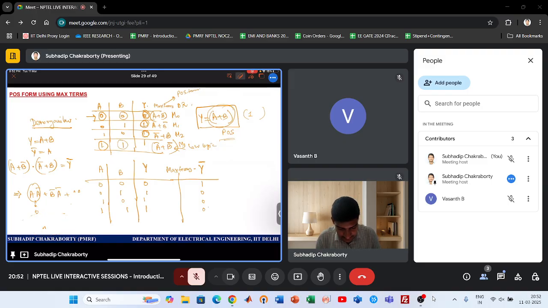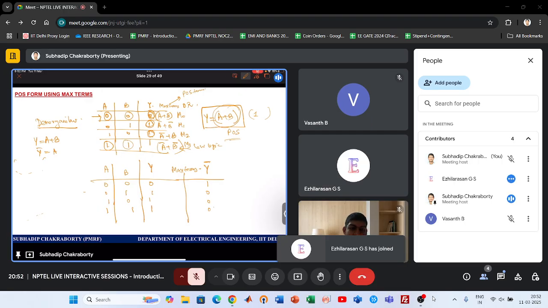So what I told is that if you would have taken the max terms, right? Max terms are what? The product of the sum terms. We took always the low terms, where the output is low. And following the low logic level, when you use max term, you only mark the zeros, and the logic you write as a plus b.